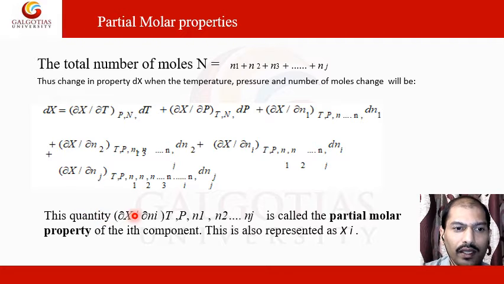This quantity, del x upon del Ni at constant T, P and the other n's, is called the partial molar property of the jth component, or up to the ith component, and it is sometimes represented as xi bar.